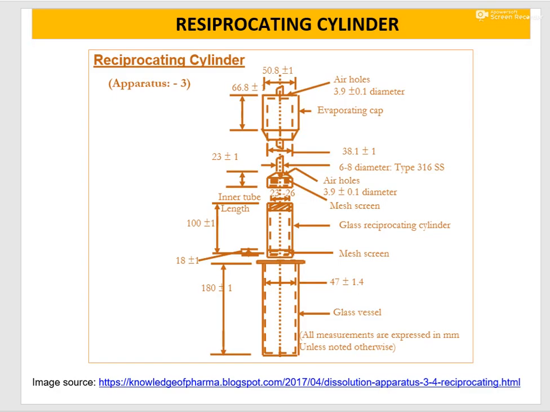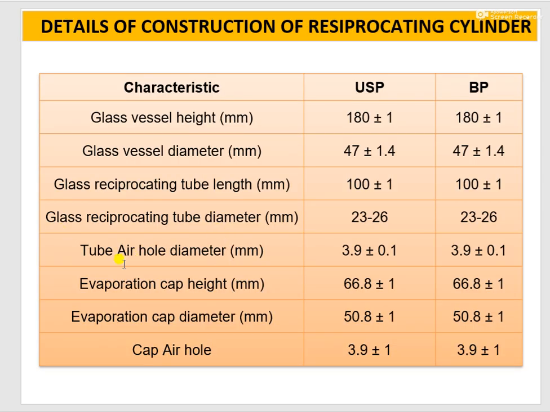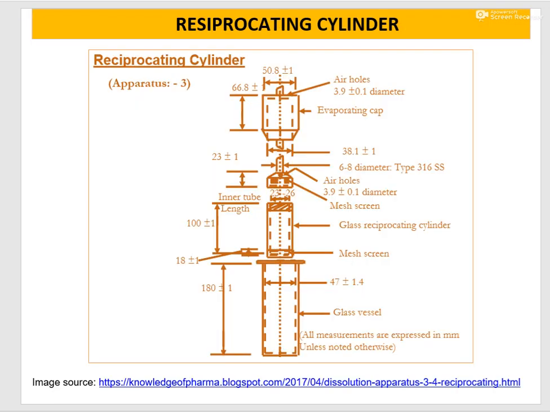So this is the diameter of this internal vessel, that is 23 to 26 millimeter. Tube air hole diameter 3.9 millimeter. This is tube air hole diameter, that is 3.9 plus or minus 0.1 millimeter.